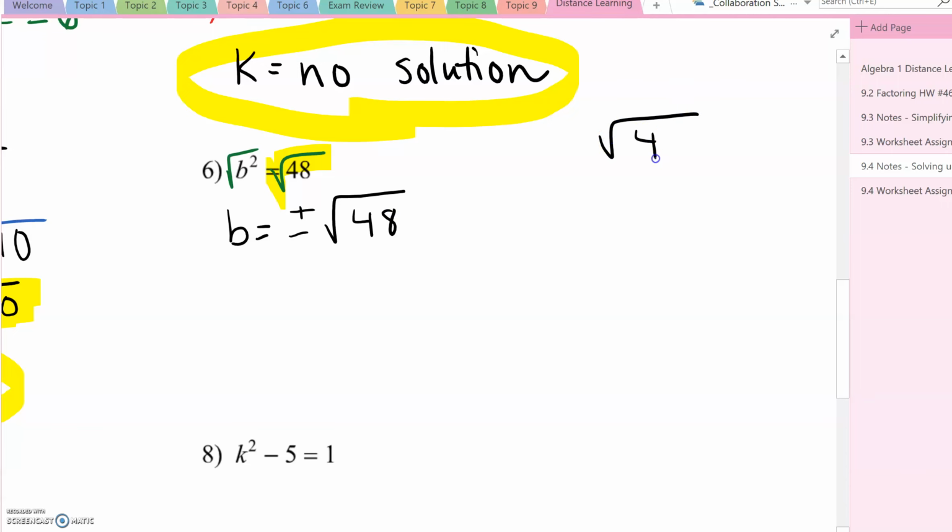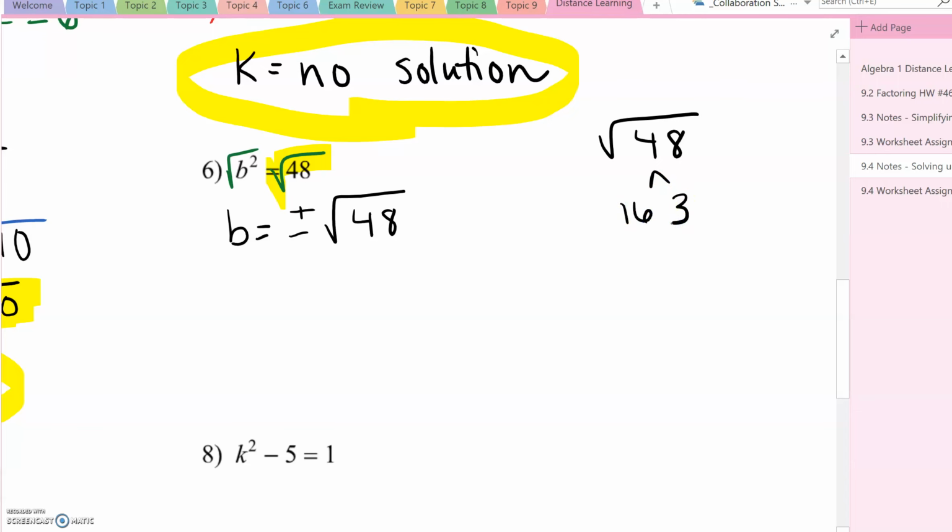So off to the side here, let's think about 48. We want to think about if there are any perfect squares in 48. So I know 4 times something is going to be 48, right? 48 divided by 4 is 12. You might also be thinking 16 is a perfect square, and 16 times 3 is 48.